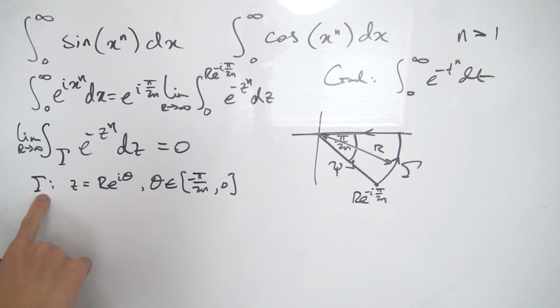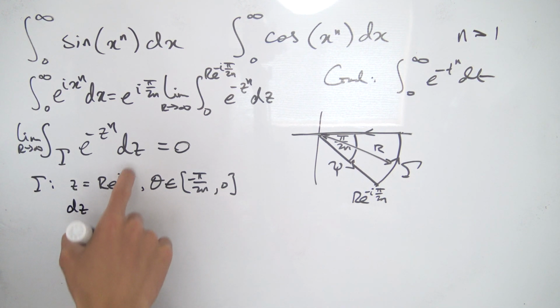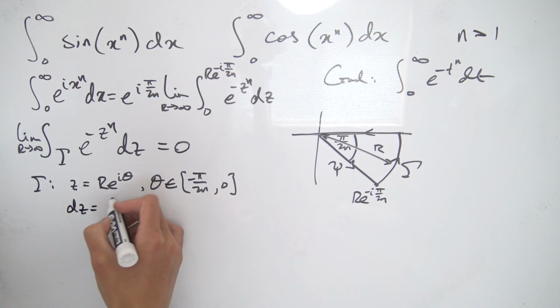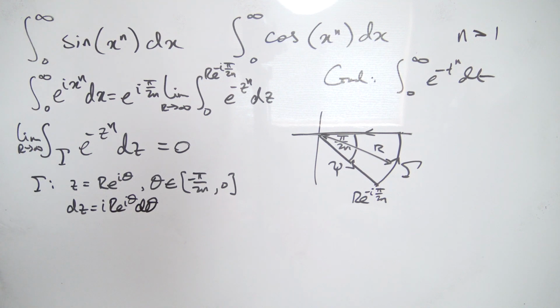Let's differentiate both sides to obtain our dz. That is equal to I times r e to the I theta d theta.